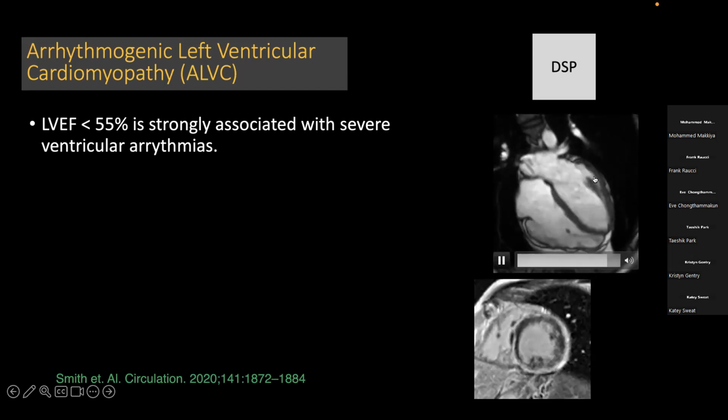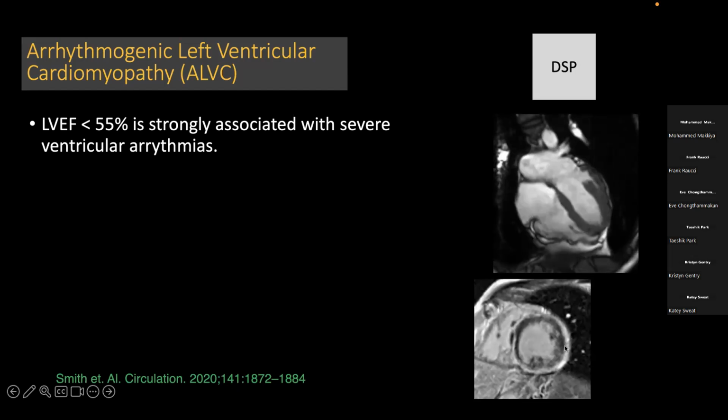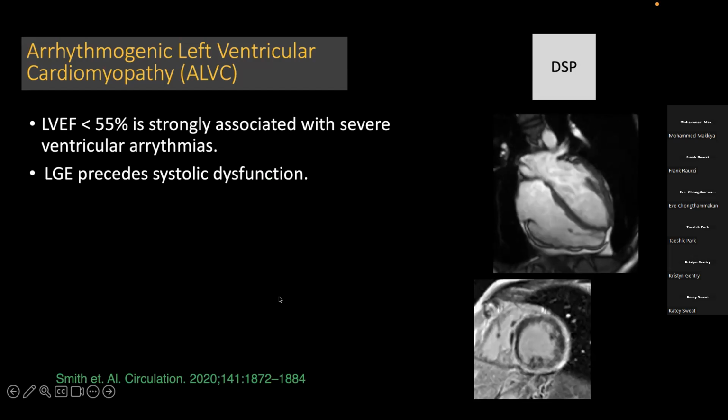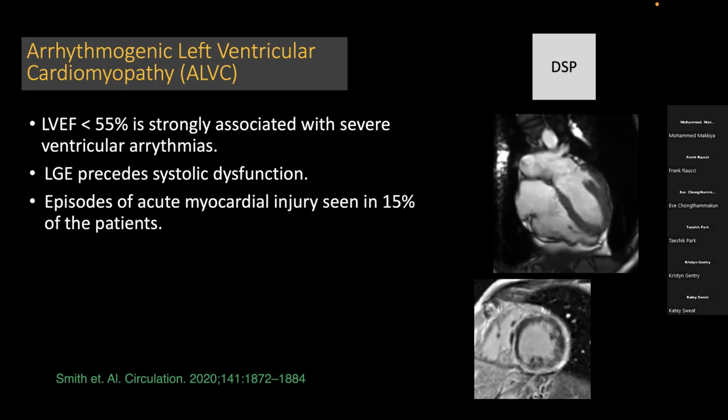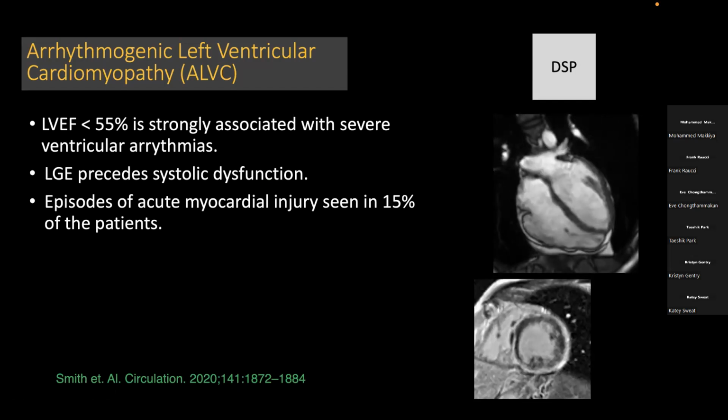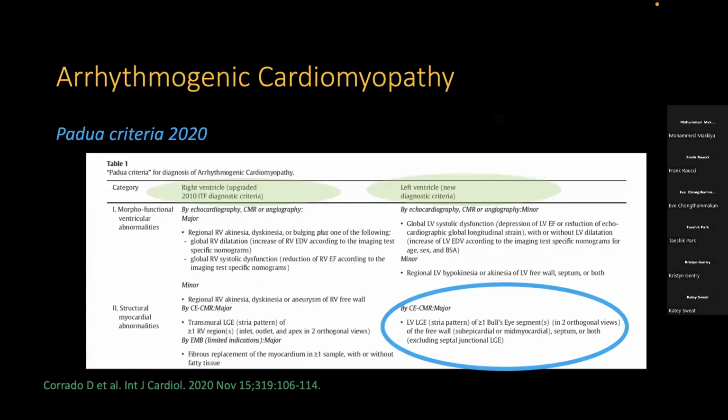And this is another example with desmoglein mutation and also extensive LGE along the lateral wall, inferior wall, and septal wall with a subepicardial pattern. The presence of LGE usually comes before the systolic dysfunction, and it has been reported that those patients may present as myocarditis or with elevation of the enzymes, like acute myocardial injury, in 15%.